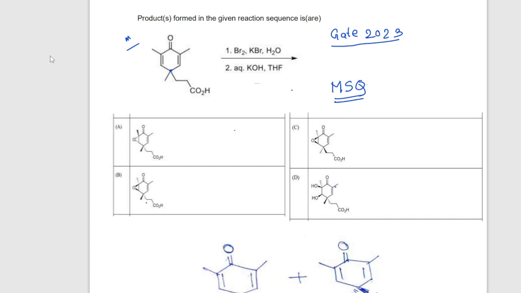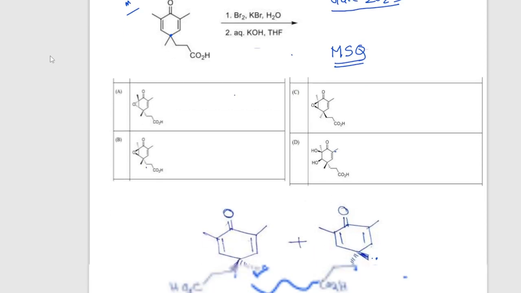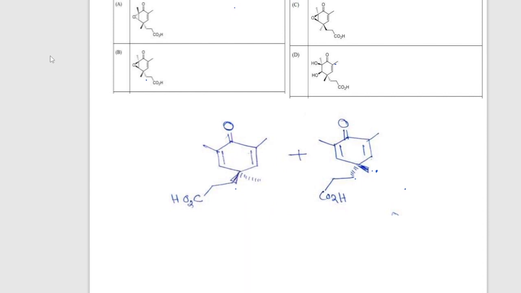If we write these two stereoisomers, one has the methyl group on the dash position, whereas the other is on the wedge position, the upside. In the second case, the methyl is on the wedge and the other group is on the down, the dash position.